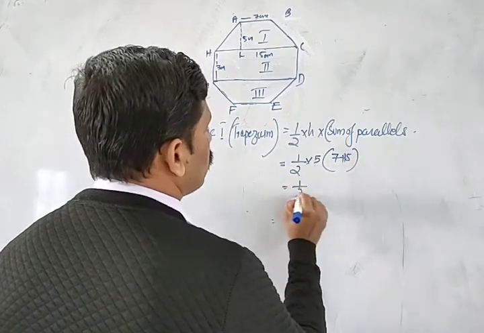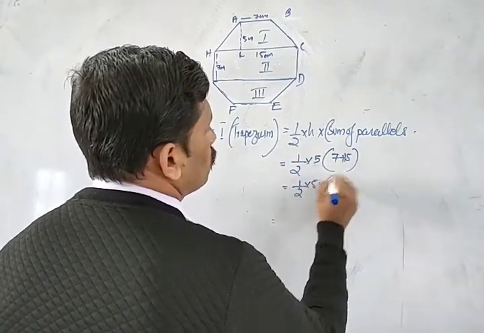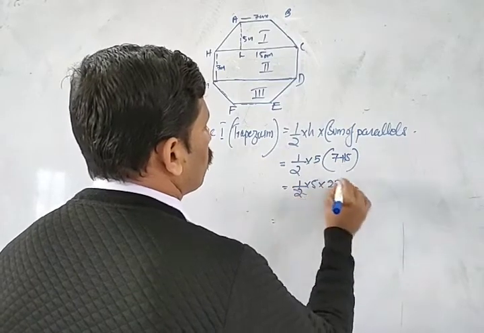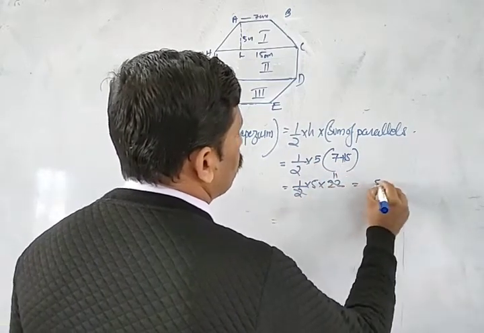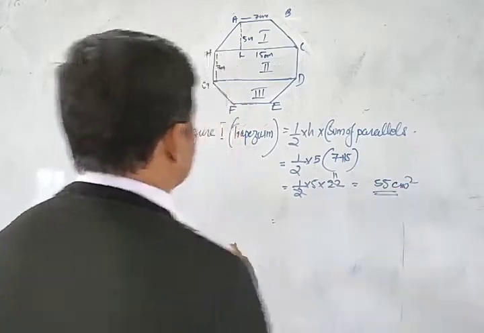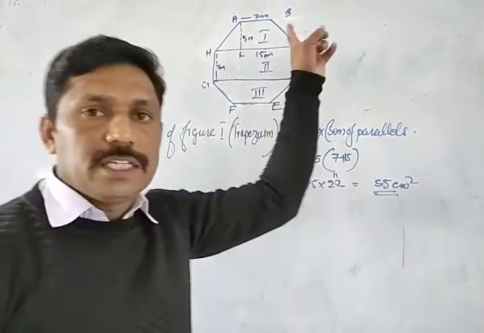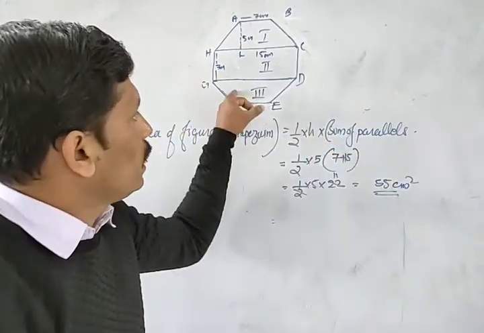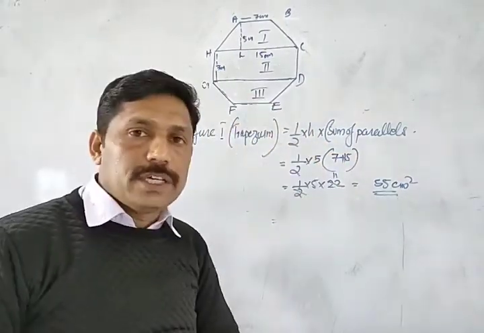That is equal to half into 5 into 22, which is equal to 5 into 11, that is 55 centimeter square. So the area of figure 1 is 55 centimeter square. Therefore, the area of figure 3 is also 55 centimeter square.